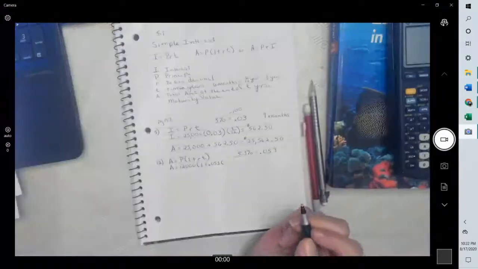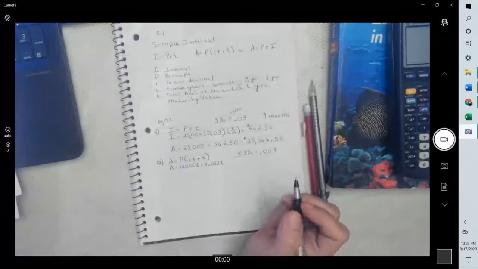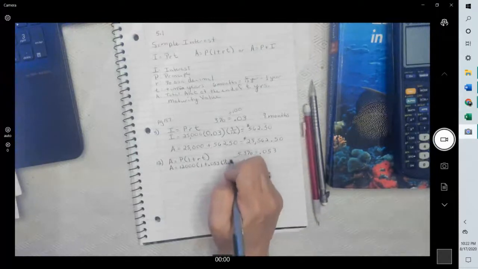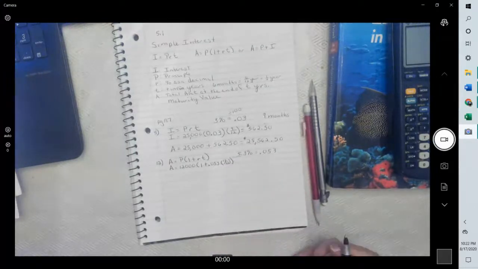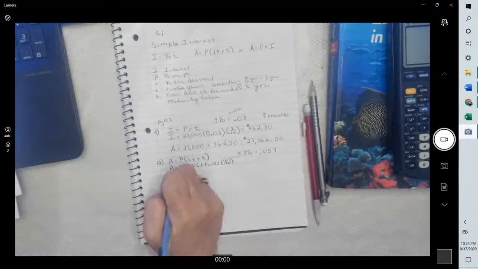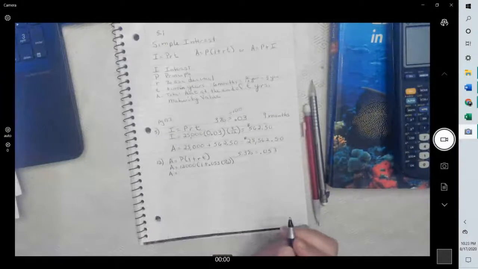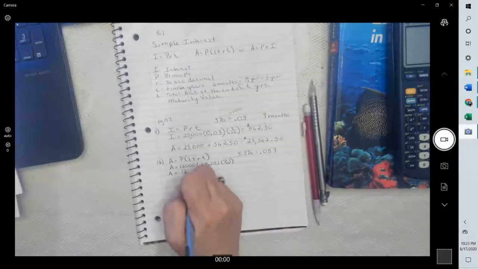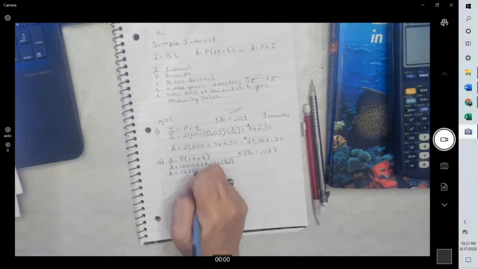T was time in years. It was 11 months, so that would be 11/12. Then you plug that into your calculator, and you should get $12,583.